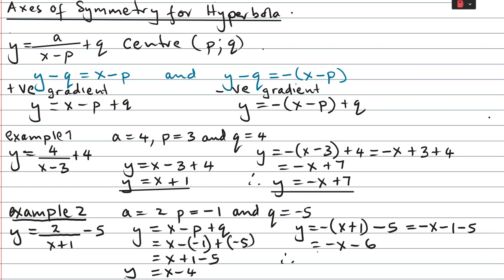So we can see our line of symmetry with a negative gradient is going to be y equals minus x minus 6.